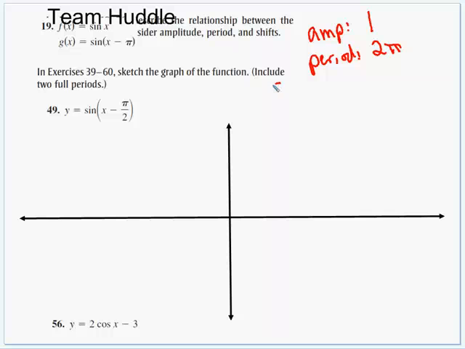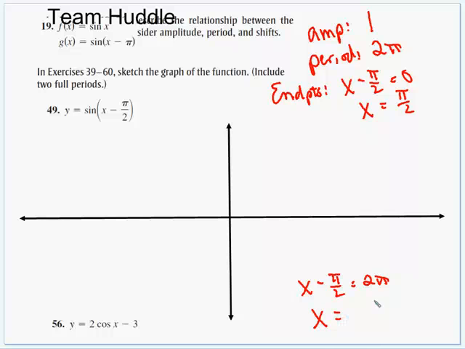So our endpoints, our left endpoint is going to be x minus a half pi equal to 0, and solve for x. Add a half pi to each side. So a half pi is our beginning point. Our ending point is x minus a half pi is equal to 2 pi radians. Add a half pi to each side, we'll have x is 2.5 pi radians.